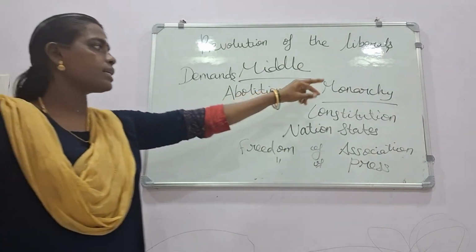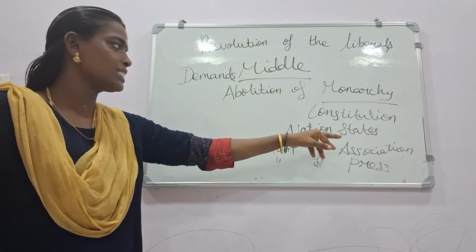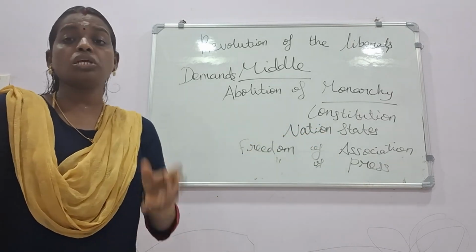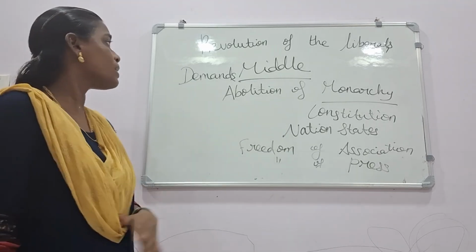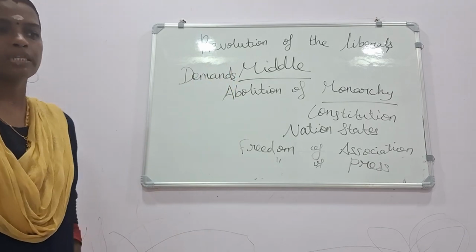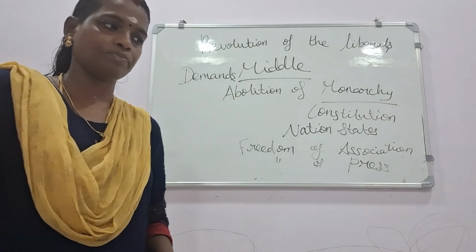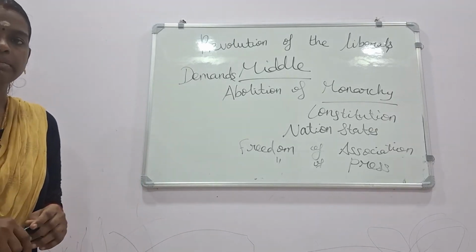So, abolition of monarchy, demand for the making of a constitution, formation of nation states, freedom of association, and freedom of press. These are the demands of the liberals, or the middle class people. This is what is explained in the first paragraph of page number 17. Then next one.